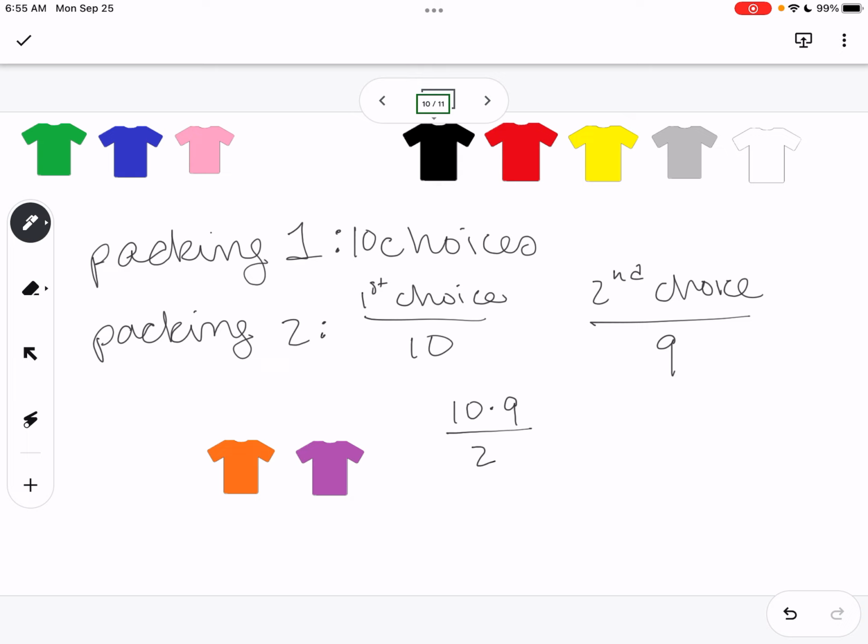But there were 2 different ways that I could pack those shirts, right? Orange then purple or purple then orange. So I need to make sure that once they're in the suitcase, I don't care about the order. So I need to divide by the number of ways I could have picked those specific shirts.